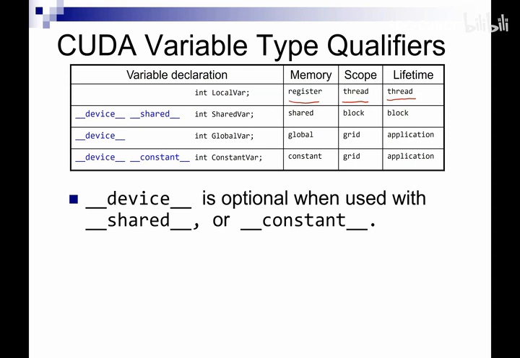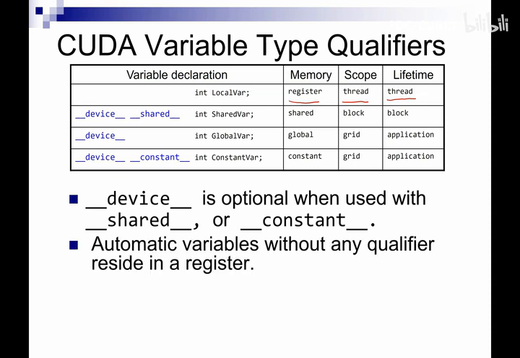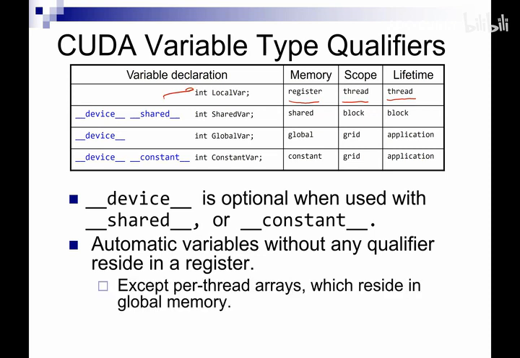Then you have global memory. If you declare memory as being device like this, then it's going to be global memory. Global memory is visible to all threads in your entire grid of threads, and it stays around for the entire application. The same goes for constant memory, which we didn't talk much about. Notice that automatic variables declared without any qualifier are in registers.